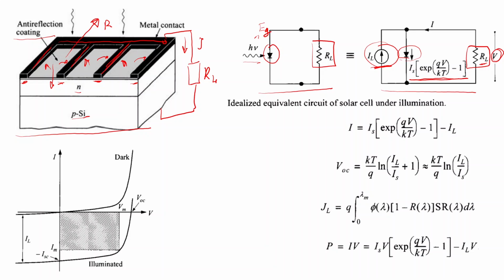So from this equivalent circuit we can write the equation for the current voltage characteristic of a p-n junction under illumination. So that is the current voltage characteristic of a p-n junction in the dark, and here we have minus this IL. This is the photocurrent, which we generated in the solar cell. So why minus?